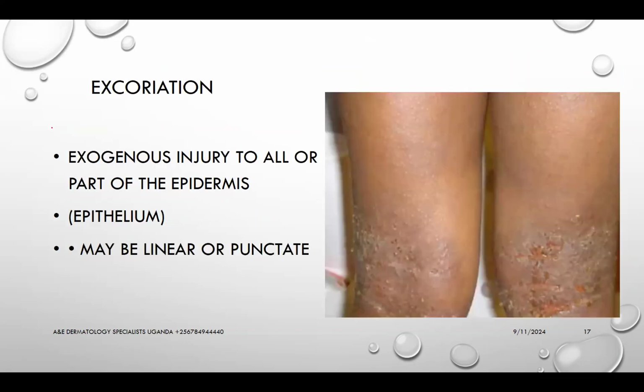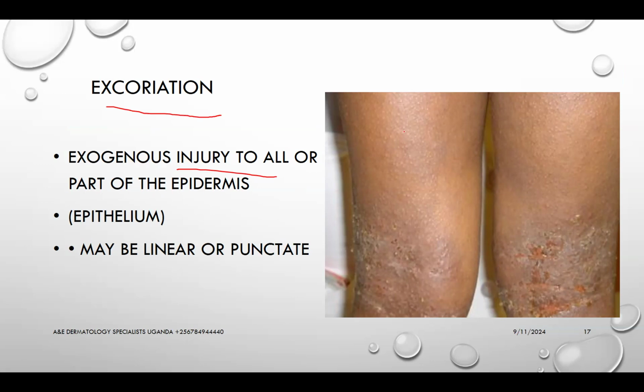Then the next one is excoriation. Excoriation, also called scratch marks, comes from external injuries to manipulate the lesion by either scratching, grabbing, or anything like that. So you lose the upper part of the skin, we call the epidermis, and you end up with an erosion. So depending on the nature of the excoriation or how you induce the secondary lesion, the excoriations are either punctate or linear.